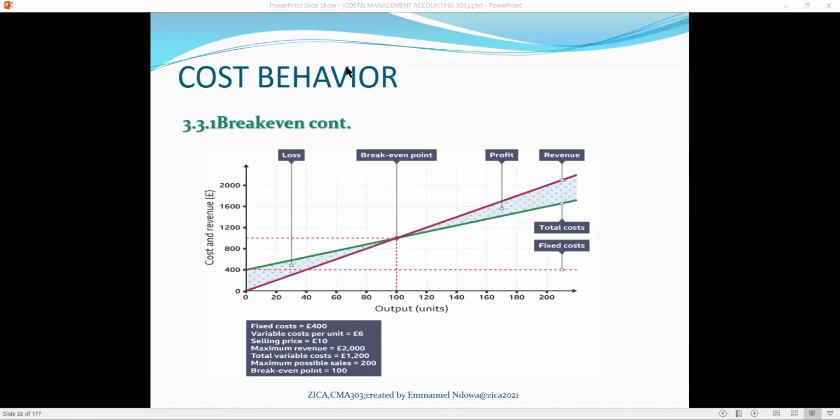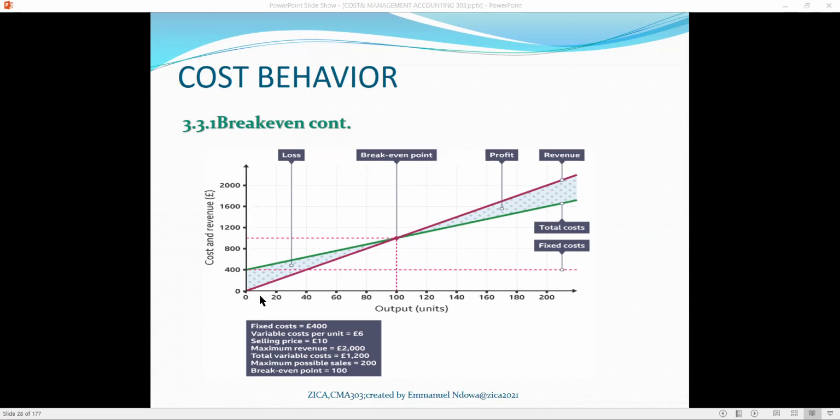That's fine, Nyasha. I can see your comment that you are lost on the graphical method. Basically, when you have your fixed cost, let's say 12,000, and you are producing 80 units, the fixed costs, as we highlighted earlier, do not change in line with the level of activity.